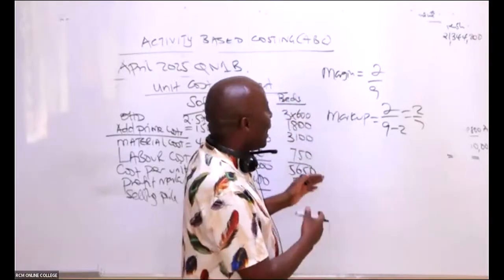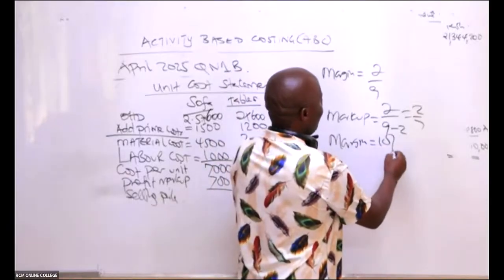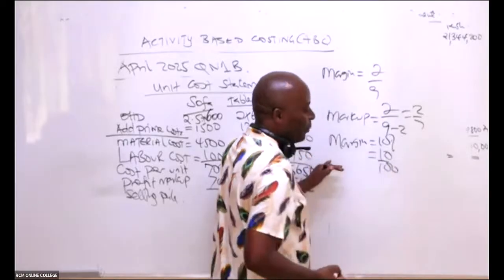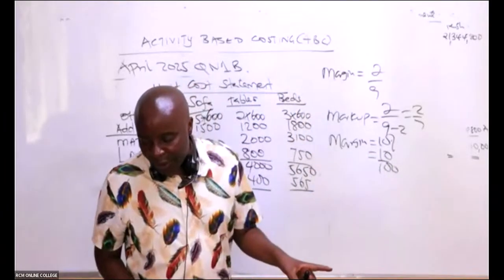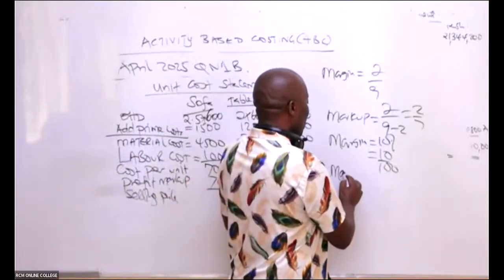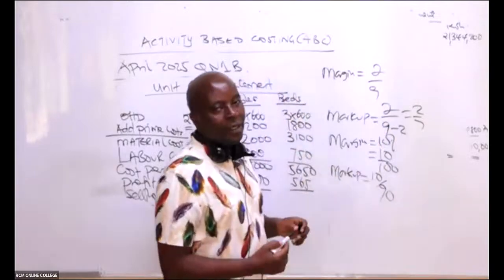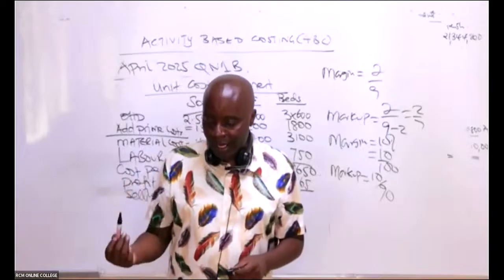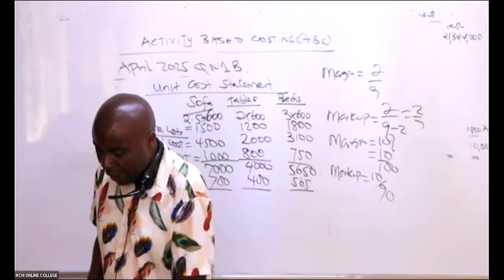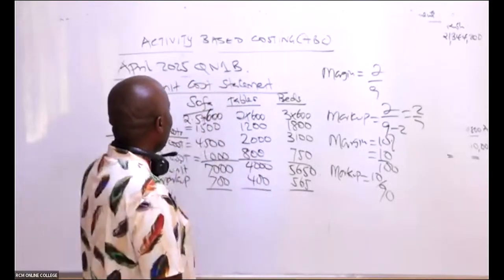So if margin is 10%, that is the same as 10 over 100. Then markup will be 10 over 90, which is the same as 1/9. I hope some learning has taken place.